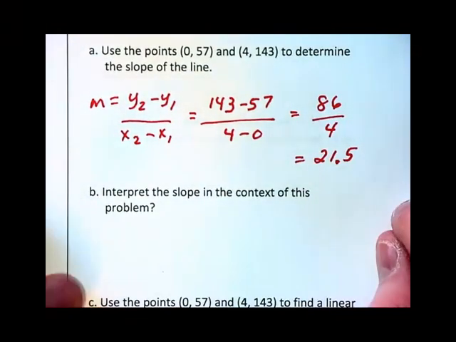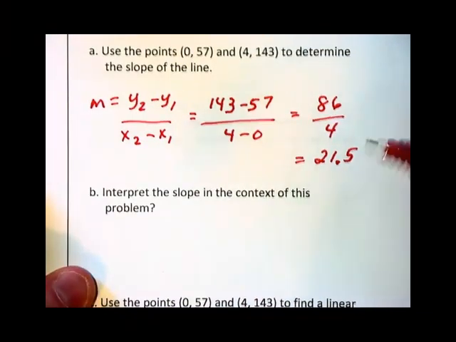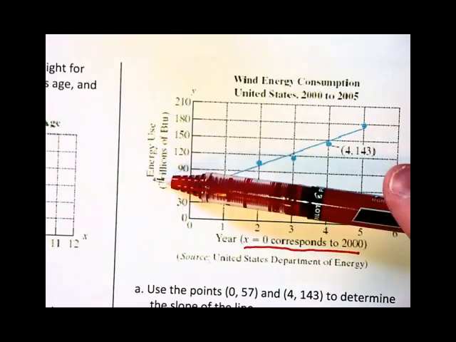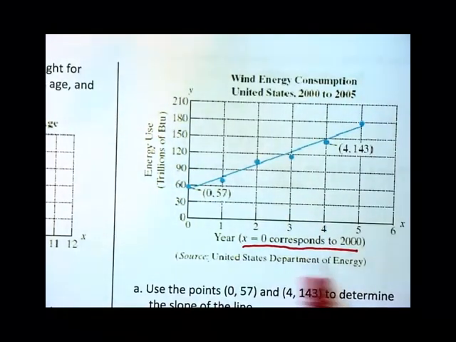Okay, we need to go back to what this 21 and a half means. That is a positive, so it's going to be a rise in energy use and a run of time. Okay, rise in energy use.